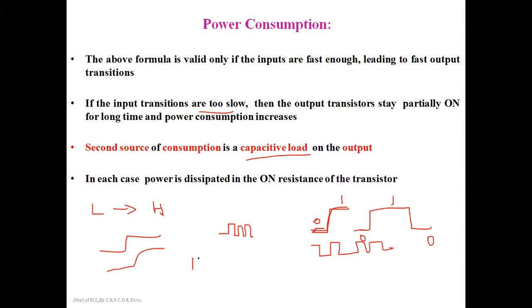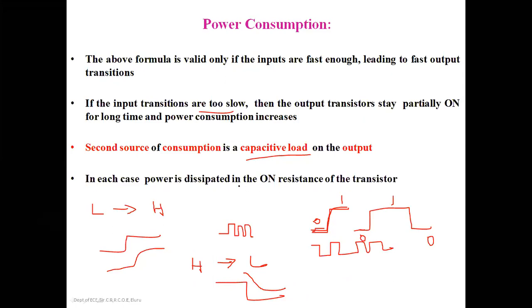And during the high to low transition, the stray capacitance will be discharging through the N channel transistor resistance to the ground. So in each case the power is dissipated in the on resistance of the transistor.